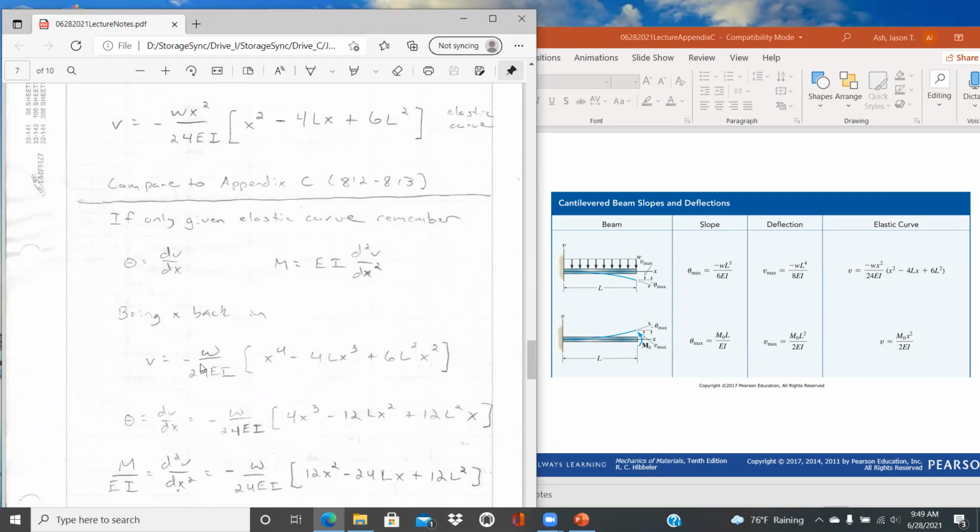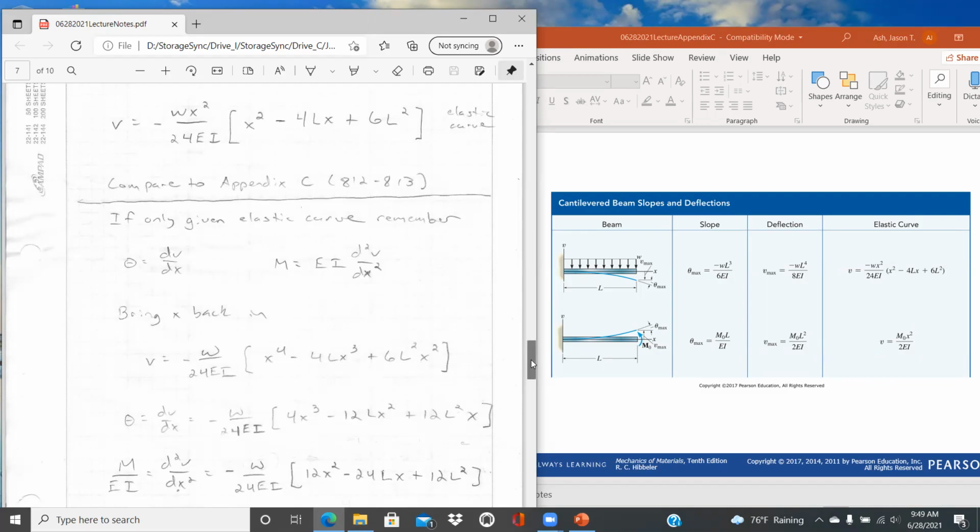So we have minus w over 24EI times x to the 4th minus 4Lx cubed plus 6L squared x squared. That makes it easier to do your derivative to solve for your slope. Minus w over 24EI, that would give you, taking the derivative with respect to x, 4x cubed minus 12Lx squared plus 12L squared x.